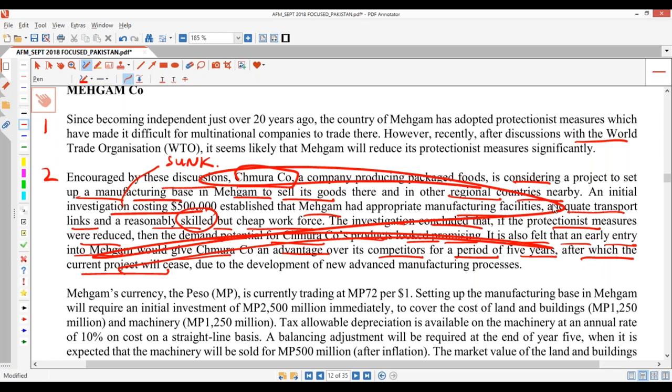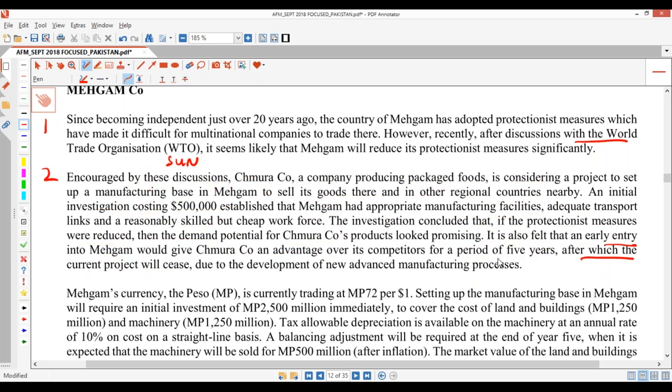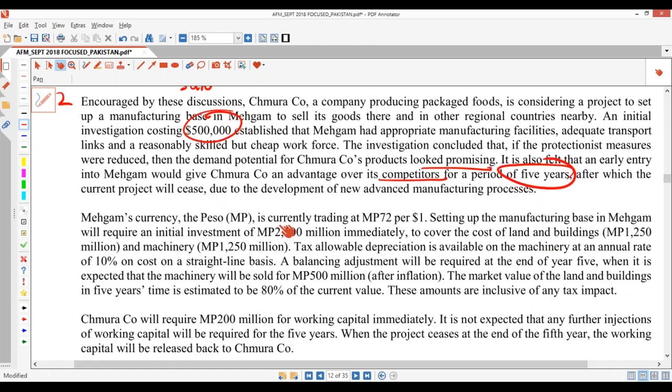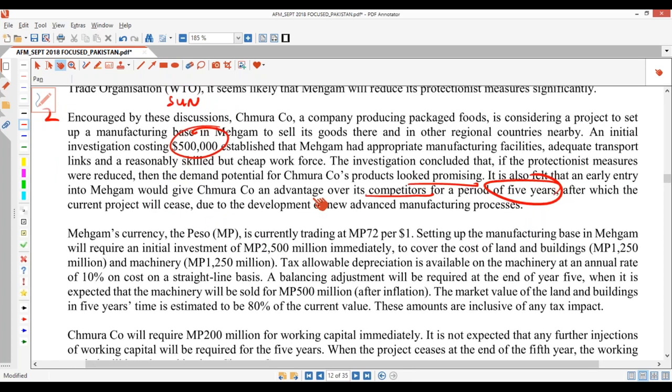So this is just telling us that you have a 5 years life. Sunk cost, promising, looks good. Competitors will come in. We'll have an edge against competitors only for 5 years. What if it's only for 2 years? Then you have to measure sensitivities and stuff like that.